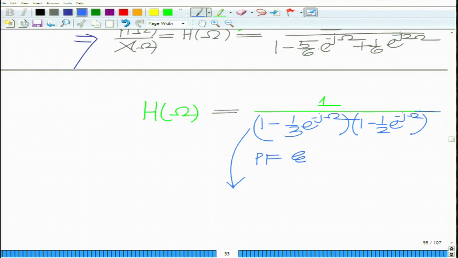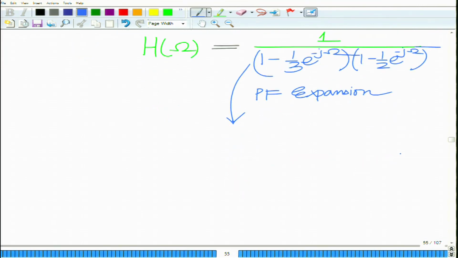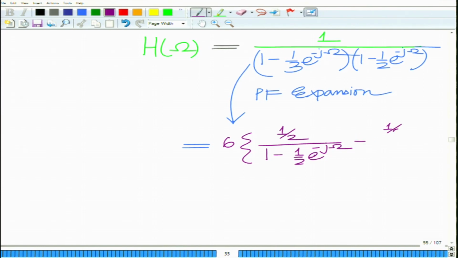Use the partial fraction expansion, and this gives you something very simple. This is 6 times, half over 1 minus half e raised to minus j omega, minus 1 over 3 over 1 minus 1 over 3 e raised to minus j omega.